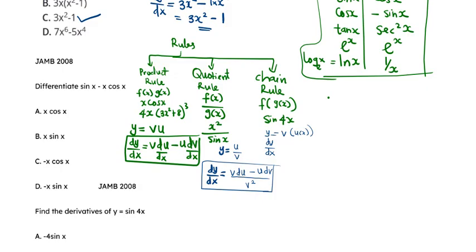To find dy/dx, we do dy/dv, then we do dv/dx. Okay, this is the chain rule.